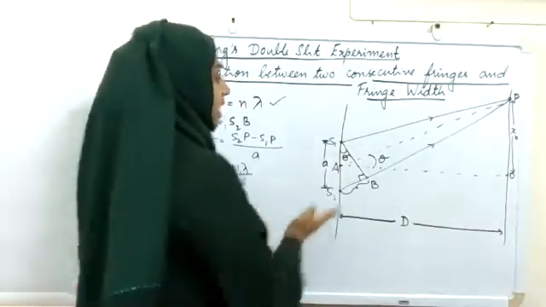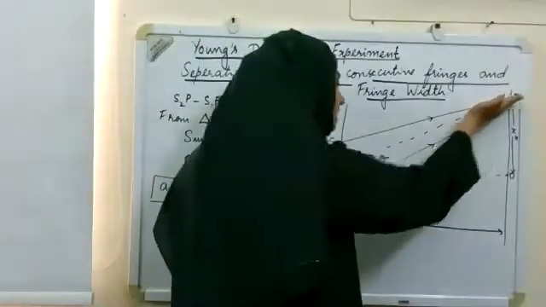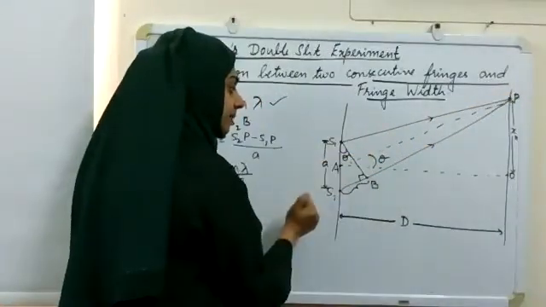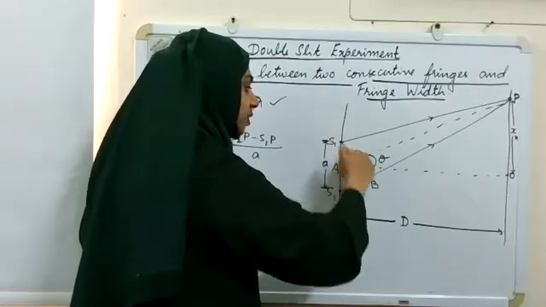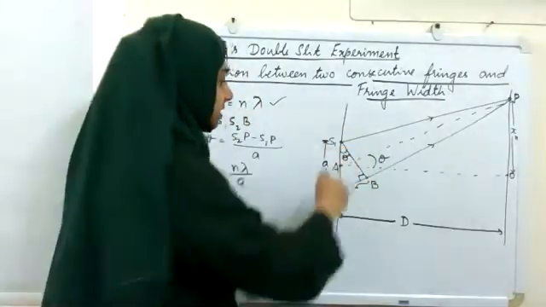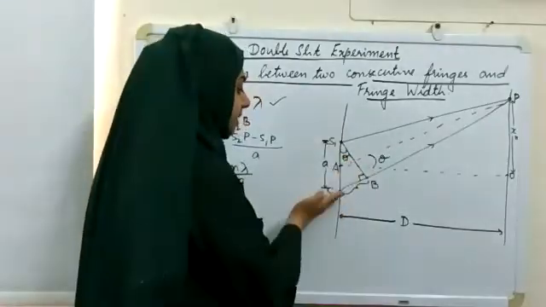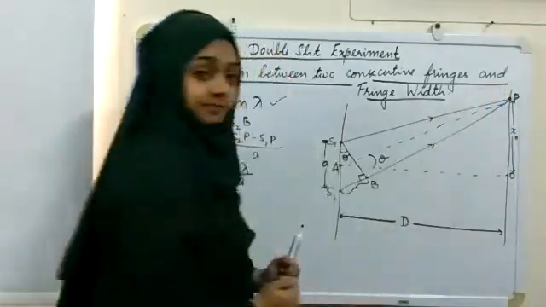Now, I am telling that this line AP and S1B are perpendicular to each other. We know that this S1B is perpendicular to S2P, right?